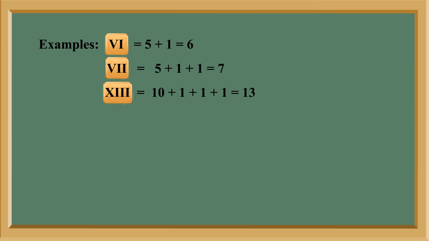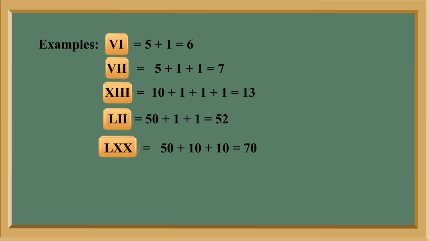XIII is equal to 10 plus 1 plus 1 plus 1 equals 13. LII is equal to 50 plus 1 plus 1 equals 52. LXX is equal to 50 plus 10 plus 10 equals 70. MCC is equal to 1000 plus 100 plus 100 equals 1200.